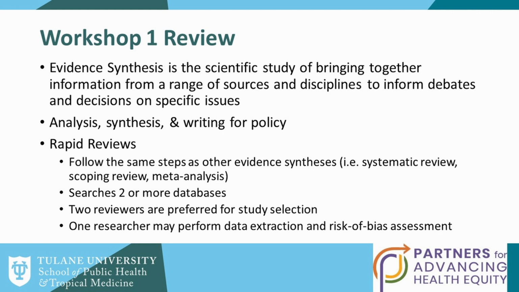And we recommend you search 2 or more databases. 2 reviewers are preferred for study selection, and 1 researcher may perform data extraction and risk of bias assessment. You'll be learning more about this information as we go on. So if you feel like you're not sure what we're talking about just yet, don't worry, we will be guiding you through all of this. Next slide.